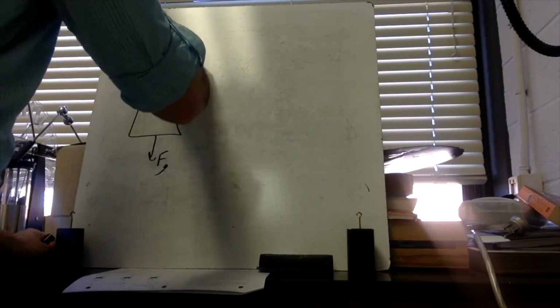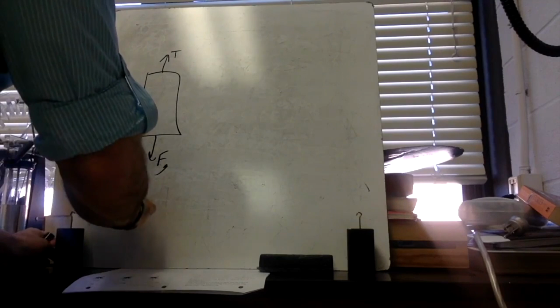So we talk about tension. And so here, with our example of the monkey in the elevator, tension in an elevator, right? For part A, if there's no acceleration, that means that the tension is equal to the force of gravity. This, by the way, is a free body diagram.